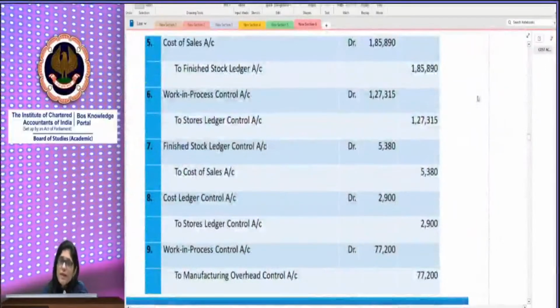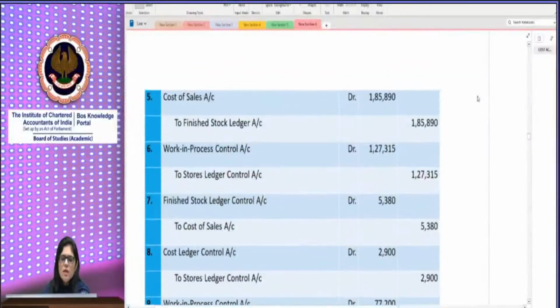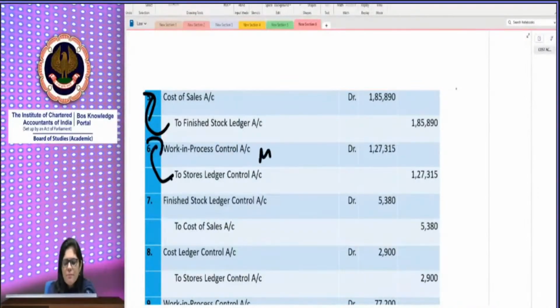I'm explaining the entries again here through the solution. Cost of sales to finished goods. So basically, the goods sold at cost, cost of sales. From finished goods, it is transferring to cost of sales. Now stores, material transferring for production.